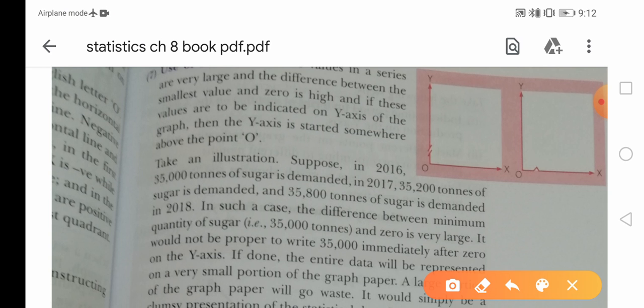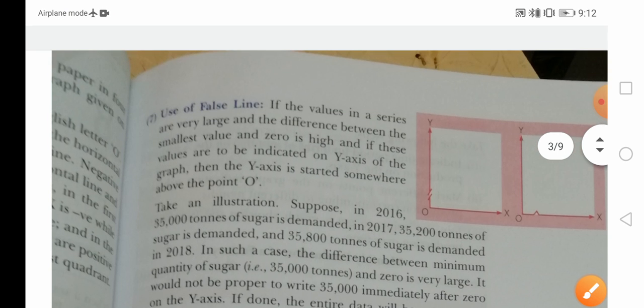Seventh point, use of false line in the graph. We can use the false line, like here you can see a double quoted line or double quoted parallel line indicated in a graph for assuming the false data. If the data is large in number, then we can use this false line.